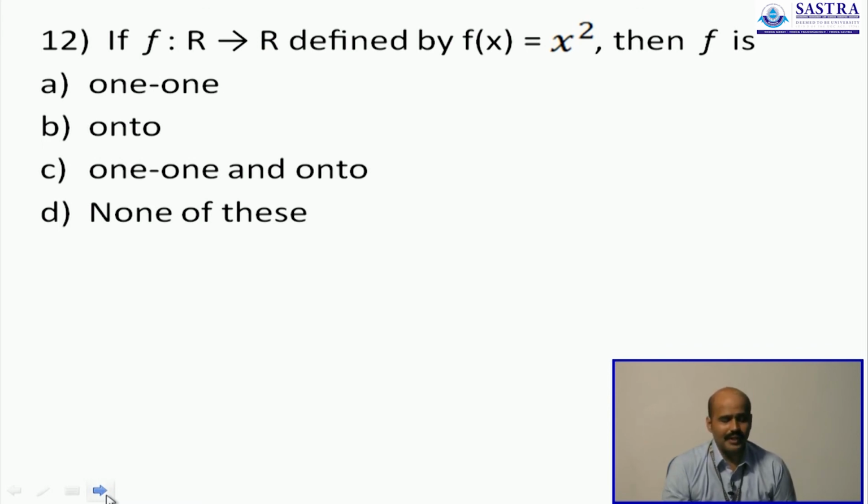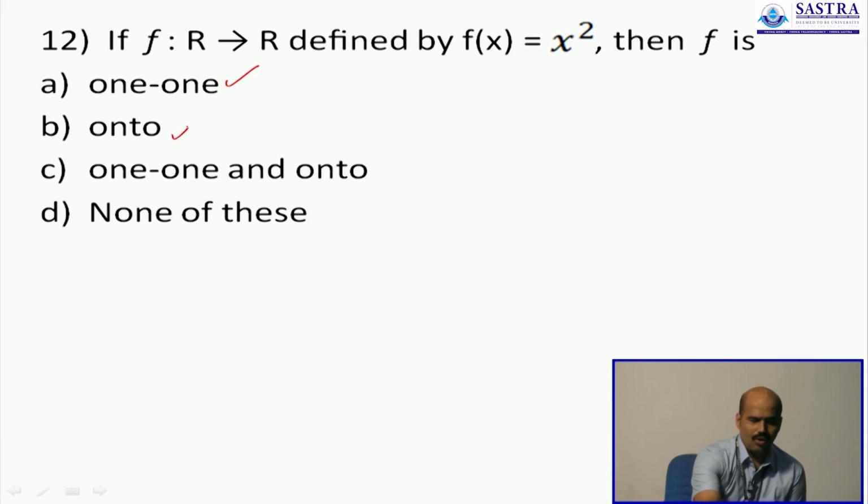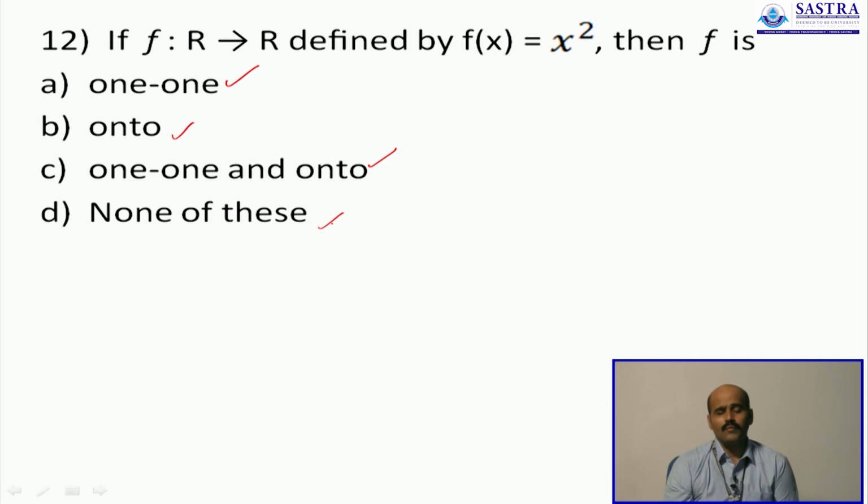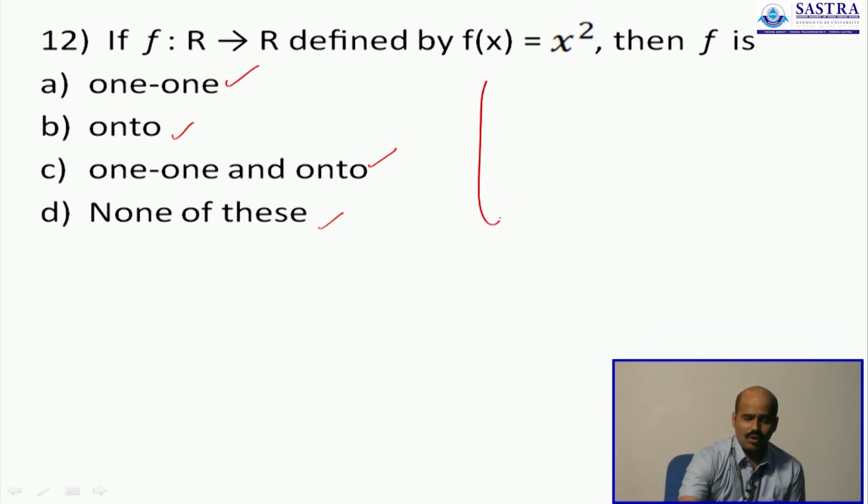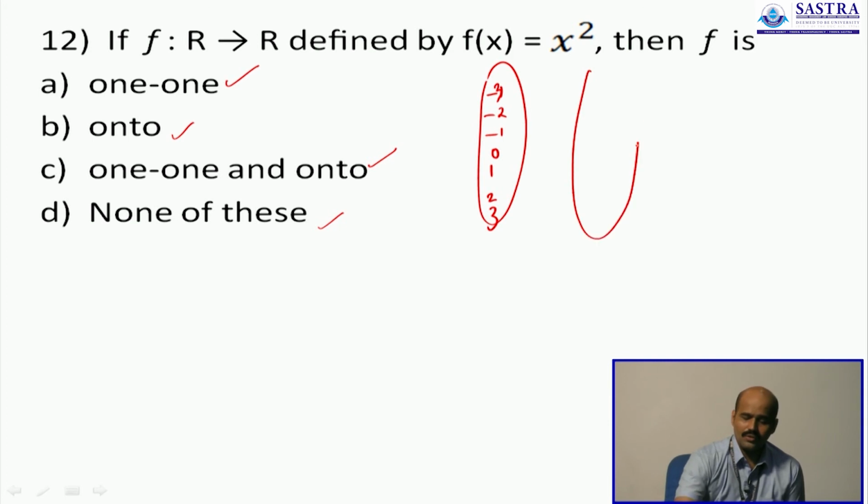Okay, next up we have the same function f of x is x squared, and we're trying to classify f as a one-to-one function, an onto function, both, or none of them. It's easy, you can recall once again how this set is being formed. We have negative real numbers. I'm just including the integers. You can also consider all such numbers.